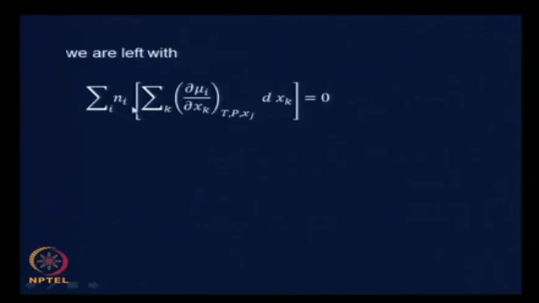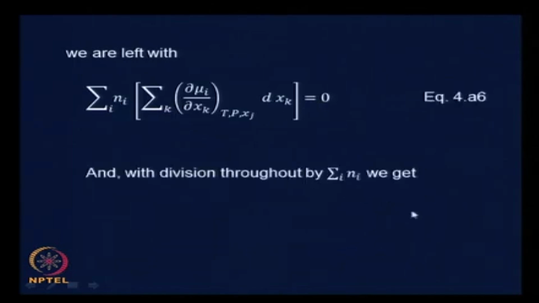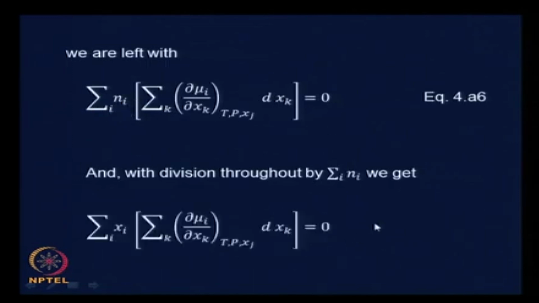just this, which is sum over Ni times internal sum over all k ∂μi/∂xk at constant T, P, xj dxk equals 0. What would be easier is if we divided throughout by sum over Ni, then this Ni by sum over Ni would become xi; here it goes to 0 anyway.